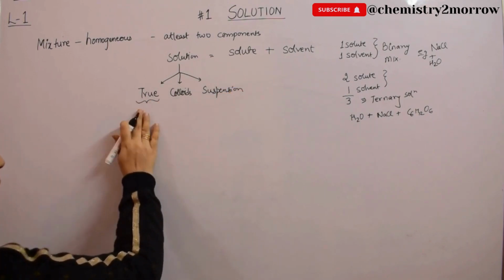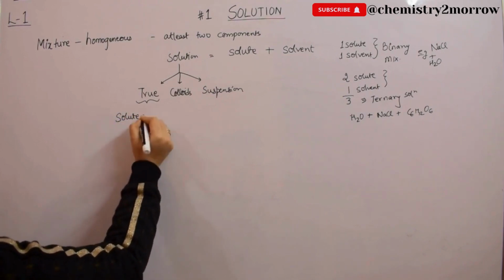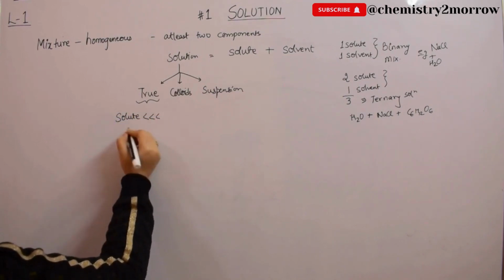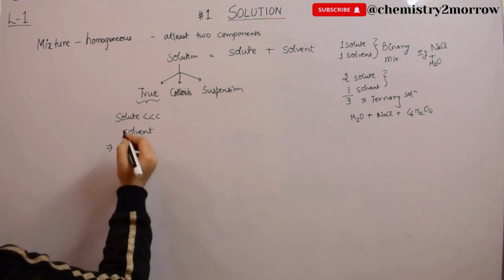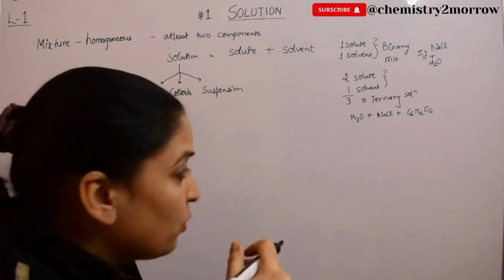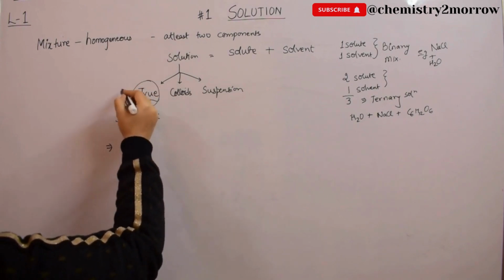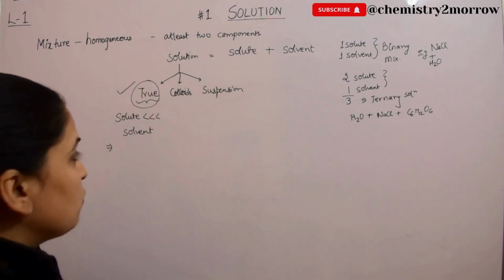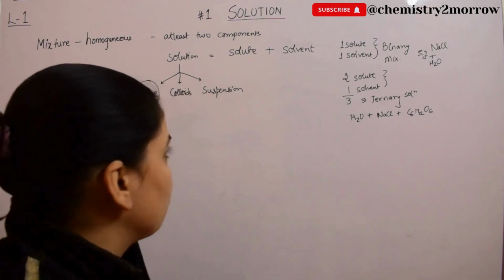True solutions are basically where the solute particles are very small in size as compared to the solvent. So these are clear homogeneous mixtures. There you don't see the boundaries. As I said before, here we are talking about homogeneous mixtures, so this is what a solution is always to be. The solutions we will be studying in this chapter are true solutions.